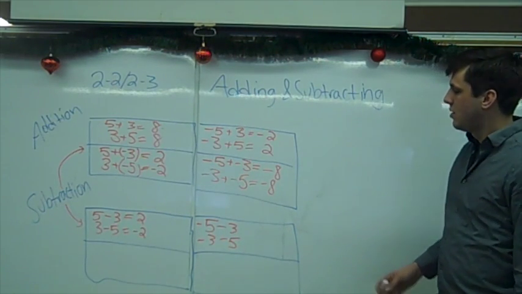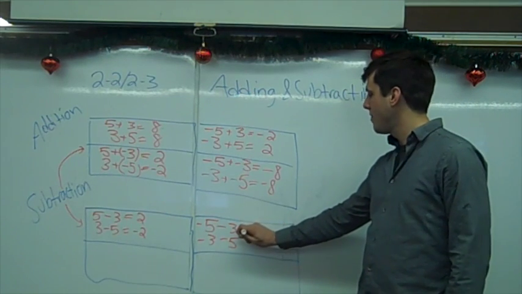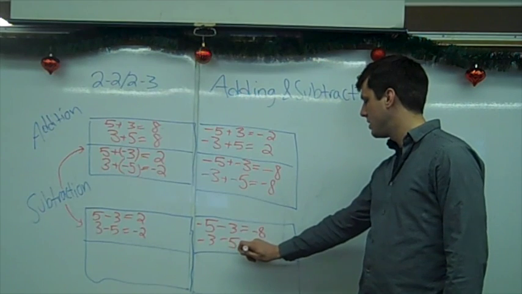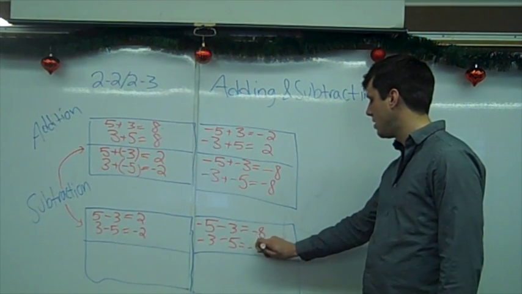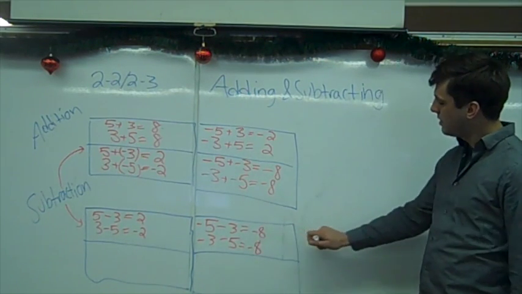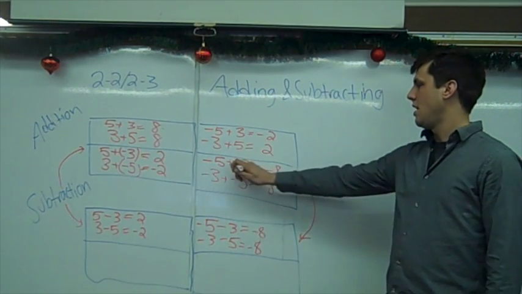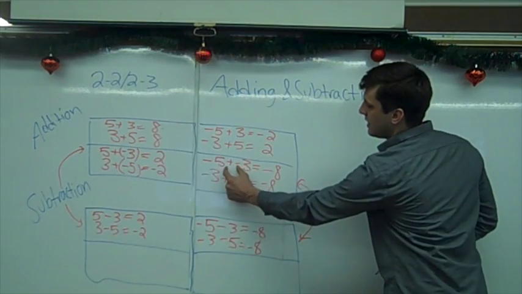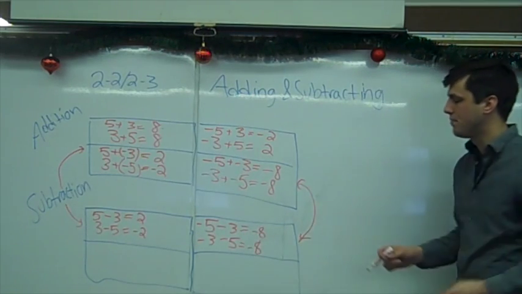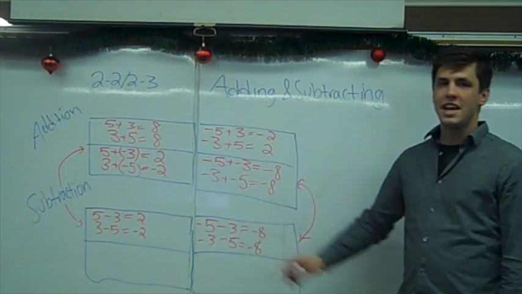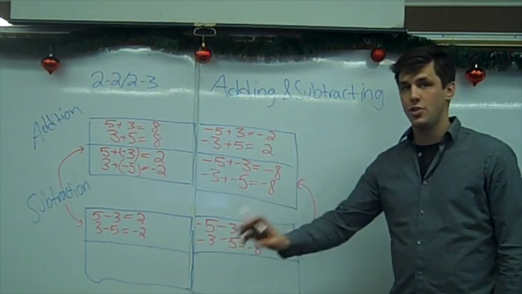With this one, negative 5 minus 3 is going to be negative 8. Negative 3 minus 5 is also going to be negative 8. This box is similar to this box, which means adding a negative, you can change this just into subtract. And when you're already at a negative and you're taking away more numbers, that means you go further negative.